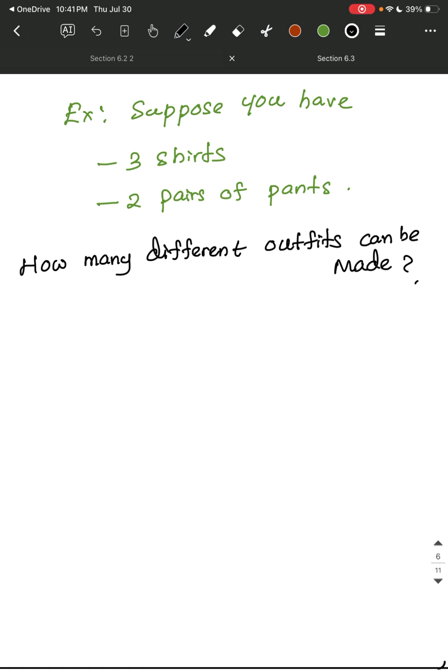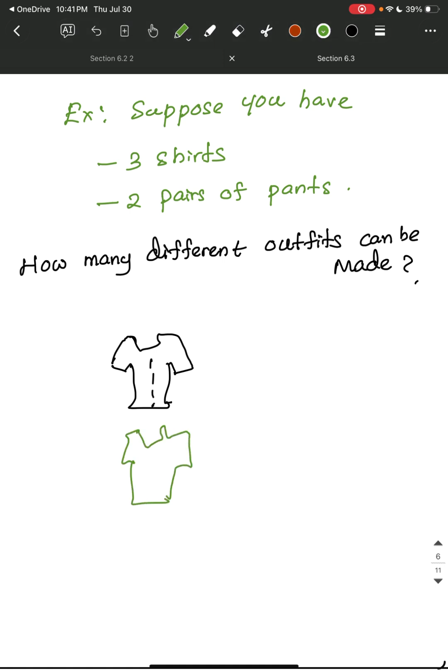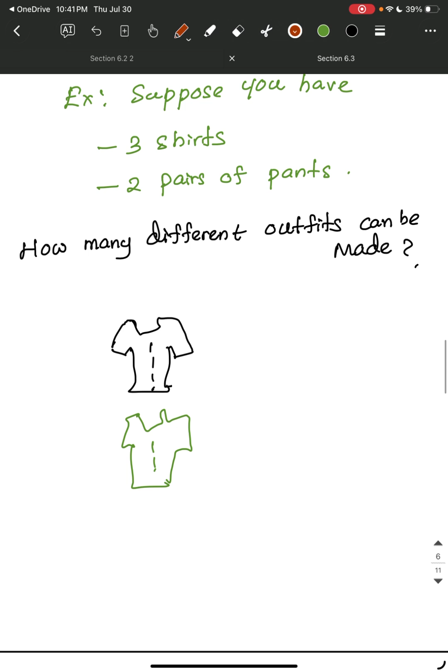We have shirts, three choices, so let's use 1, 2, and 3.